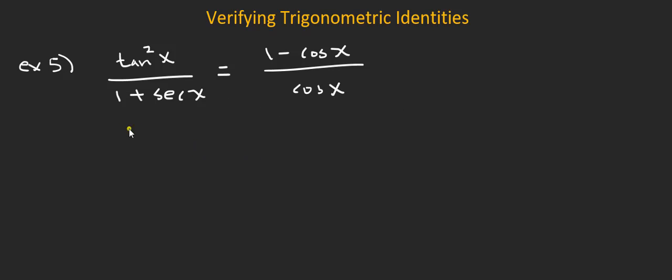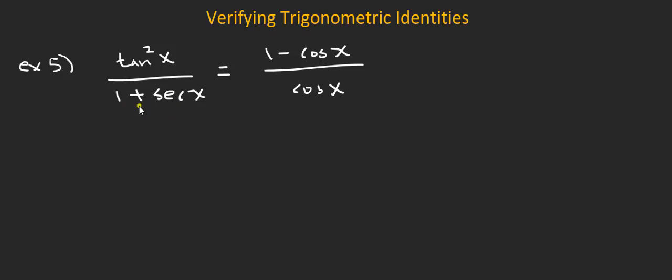All right, let's take a look at the last example. We have to prove tangent square x over quantity 1 plus secant x is equal to quantity 1 minus cosine x over cosine x. They both look complicated. So you have to pick and kind of choose which side you want to work with. For me, the left side looks more complicated, so I'm going to try to work with the left side.